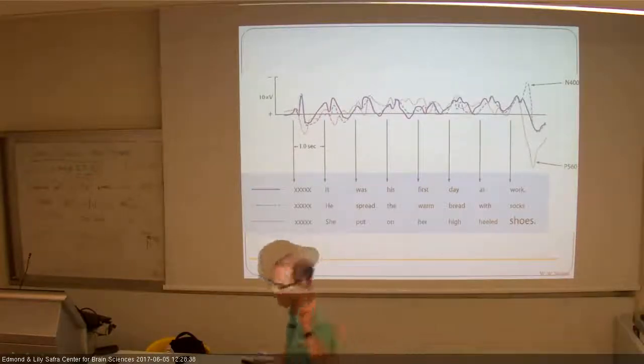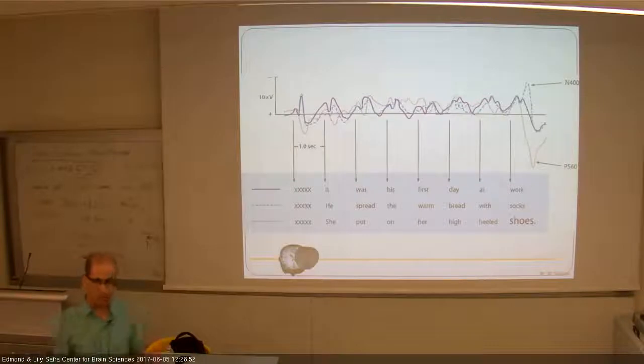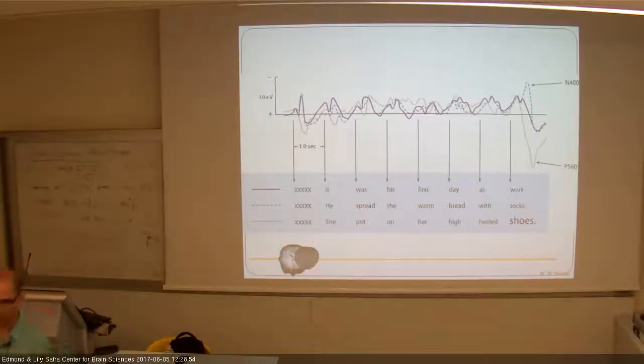Here negativity goes up. So when the word is unexpected, you get a bigger response, about 300 to 500 milliseconds after the stimulus was heard. Therefore it was called the N400, because it peaks around 400 milliseconds.